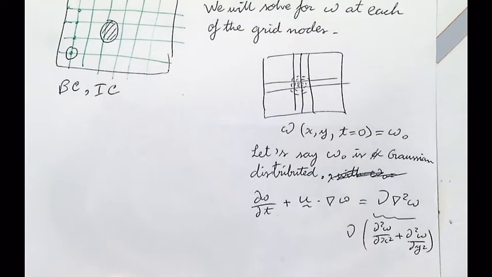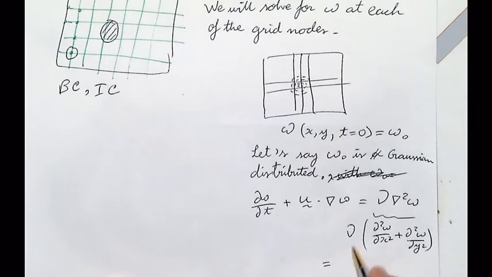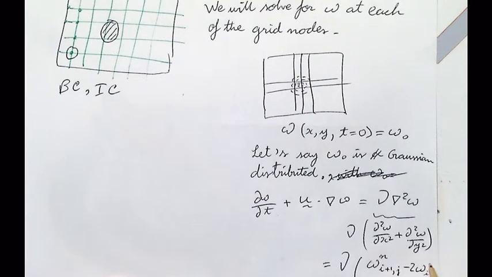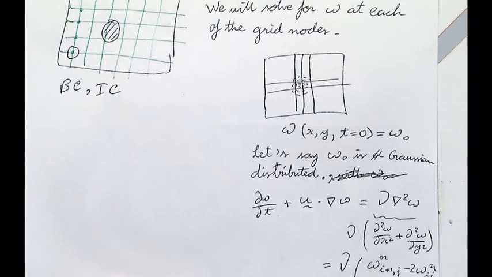And we can discretize it as omega at n, i plus 1, comma j, minus 2 omega i j n plus omega i minus 1 comma j n, over delta x squared, plus the corresponding term over delta y squared.